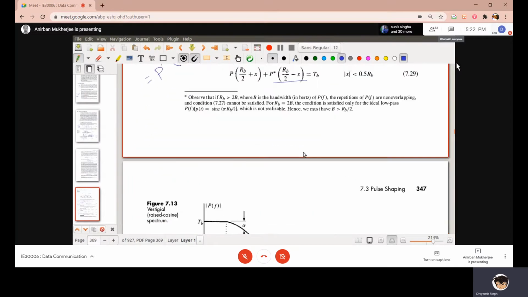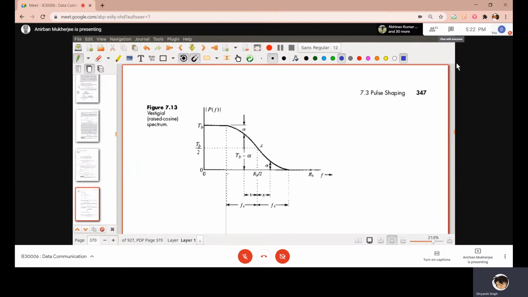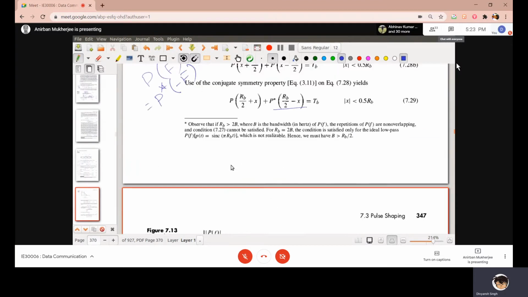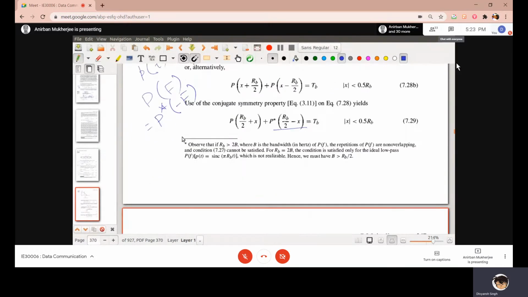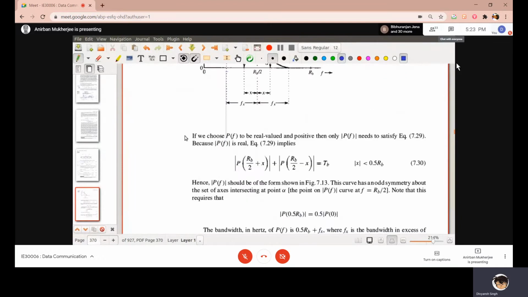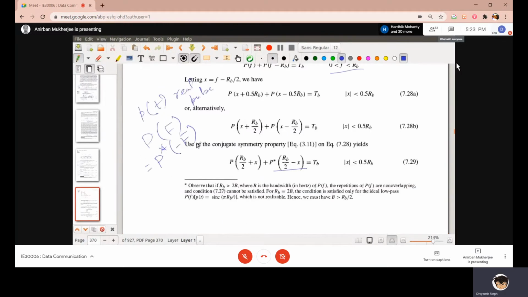Here I am assuming real pulses. Please remember that in general, for real pulses, your spectrum will be complex valued, which is why the star is given.